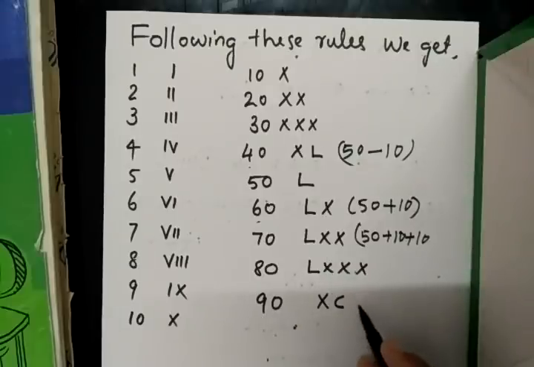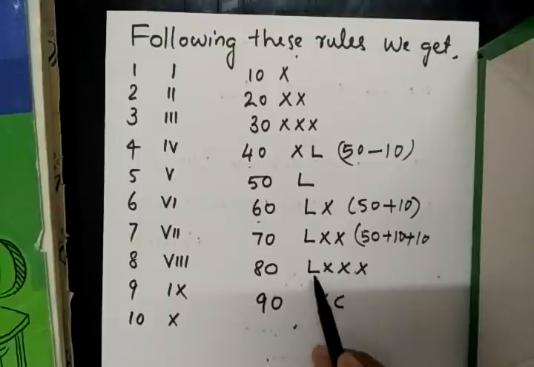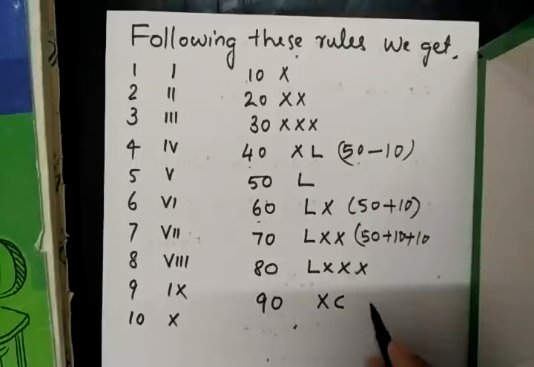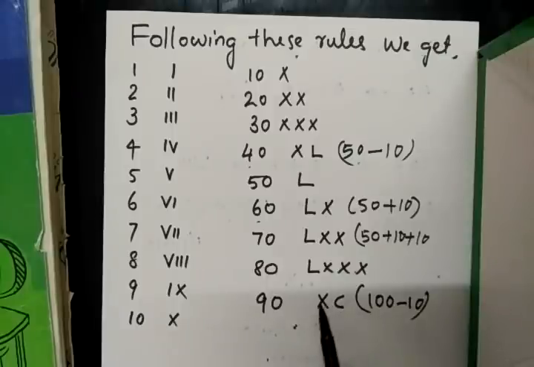For 90, we cannot write L, X, X, X, X, because we cannot write X four times. So we will write 90 as 100 minus 10. Correct? 100 is C, and minus 10 comes on the left-hand side. So it is XC. These are the numbers.